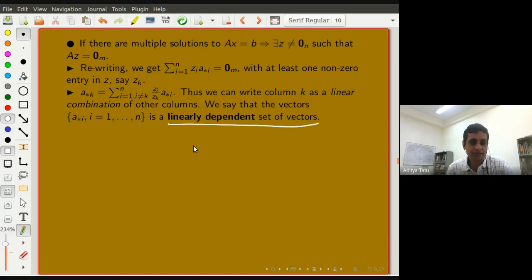Please remember, it may be possible that there is some vector that cannot be written as a linear combination of the other remaining vectors. But the definition is, even if one vector can be written as a linear combination of the remaining set of vectors, then that set of vectors is said to be linearly dependent.